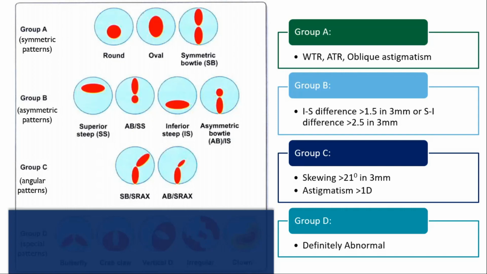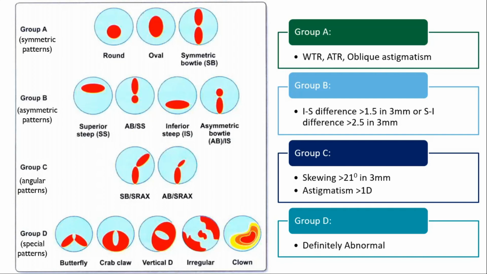In angular patterns, which have superior steep with skewing of the radial axis, and symmetric bow tie and asymmetric bow tie, the skewing is more than 21 degrees in the 3 mm zone. It is a suspect cornea, and astigmatism also should be greater than 1 diopter. And when we see special patterns like butterfly, crab claw, vertical T or irregular clown pattern, definitely it is an abnormal cornea.